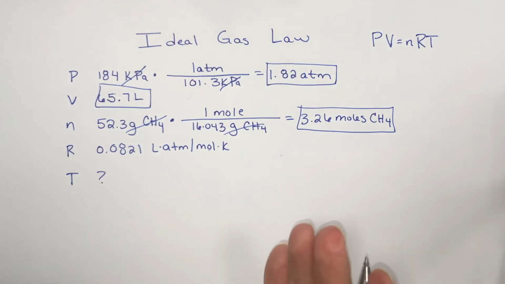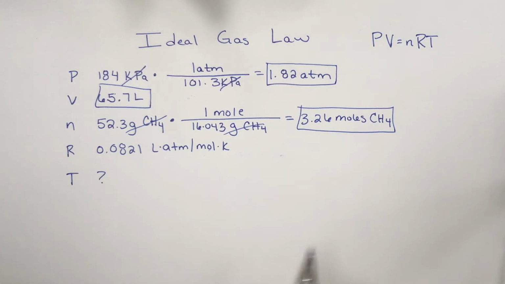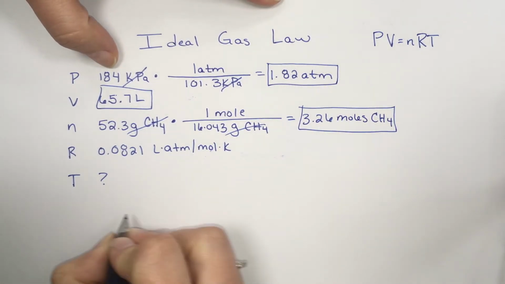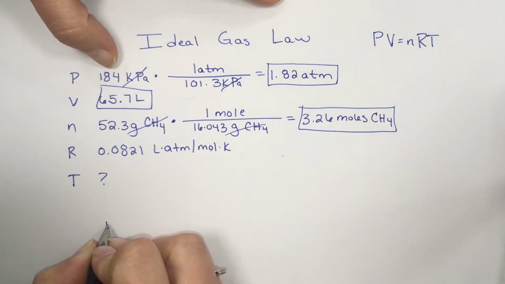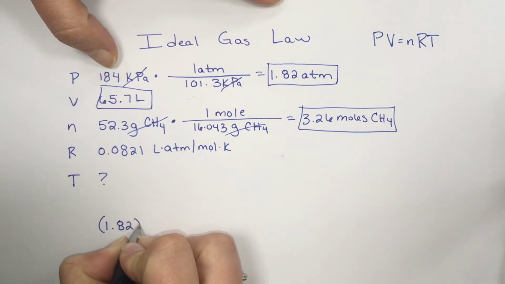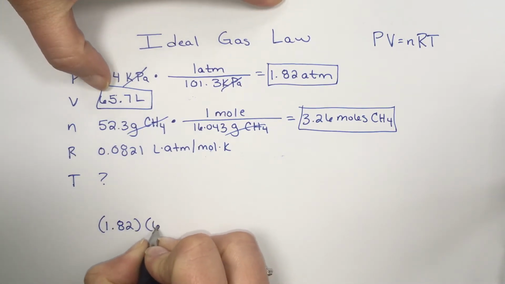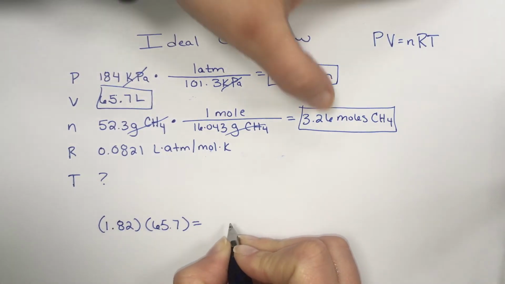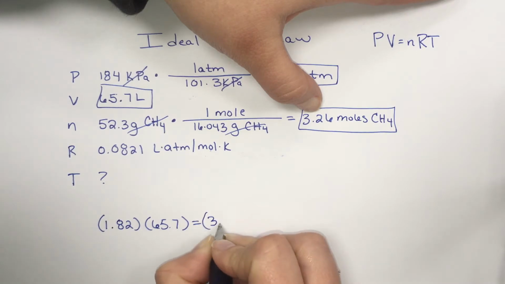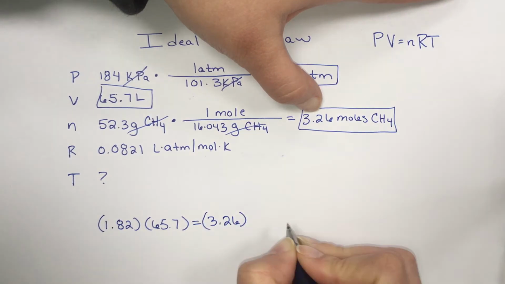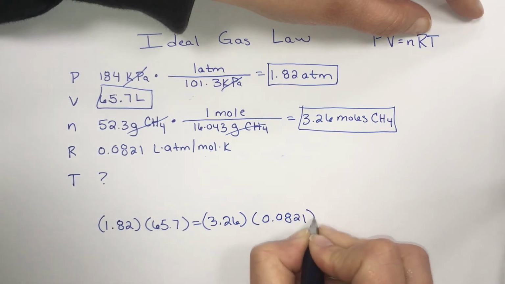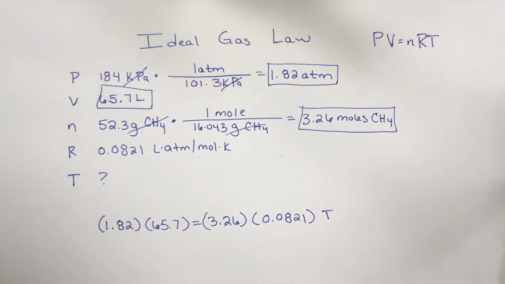So this is obviously what the test will look like. Not necessarily the easier one we did prior, but we all have to start somewhere. So our equation, we're just going to plug in some numbers. So pressure is 1.82 atmospheres times the volume, which is 65.7 liters, equals moles, which is 3.26 times the constant, 0.0821, and we have temperature, okay?